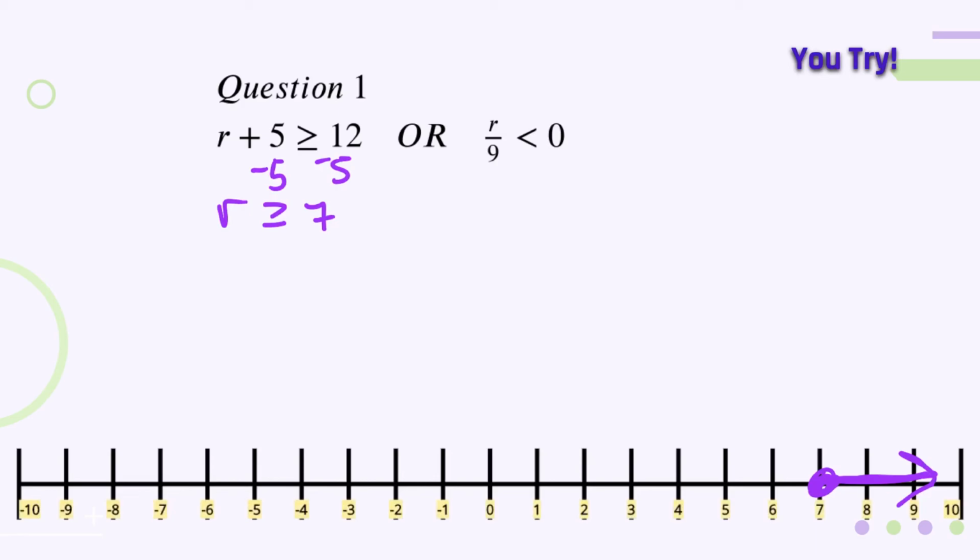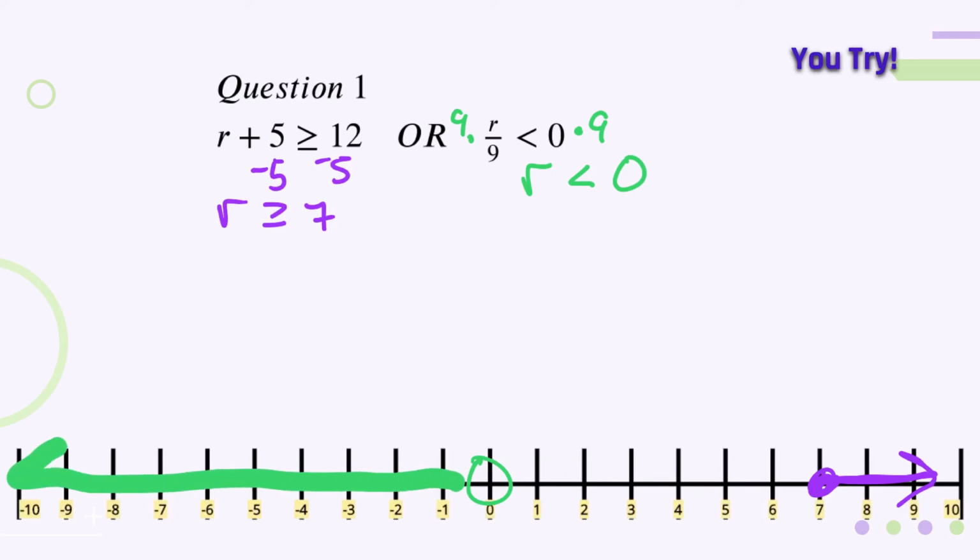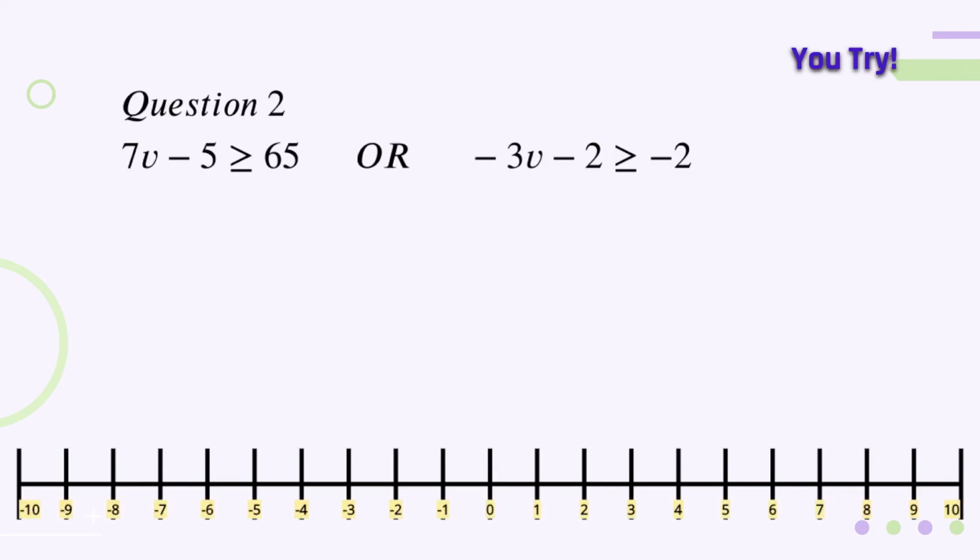And then I'm going to do this one. I'm going to multiply each side by 9, and I get r is less than 0. So I'm going to open circle at 0, and then draw my arrow to represent less than. For this question, I'm going to first start by adding 5 to both sides.